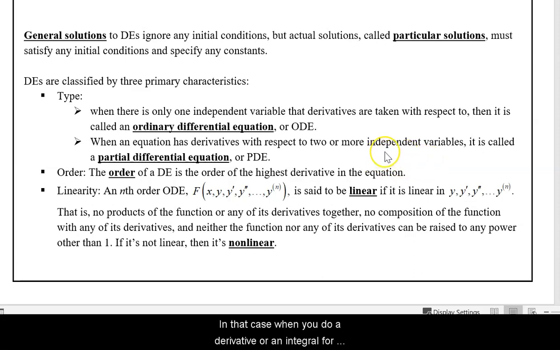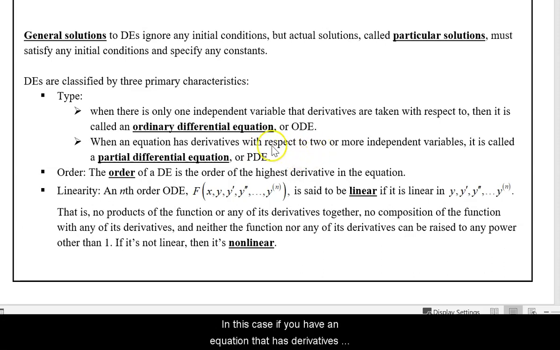In that case, when you do a derivative, or an integral for that matter, you have to specify which independent variable you're doing it with respect to. In this case, it's called, instead of just a derivative, a partial derivative. Or when you're looking at the integral, you'll use the differential that specifies which variable you're doing it with respect to.